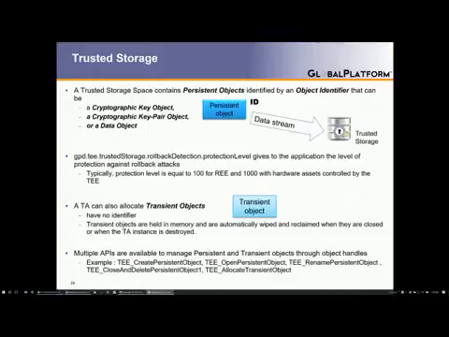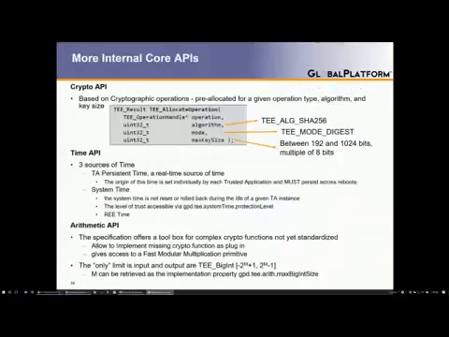And there's multiple APIs for managing persistent and transient objects. Due to the time, I'm not going to get into those very much. There's also more parts of the internal core API I'm not going to go into on this, because we're running out of time, and I want to allow enough time for questions.